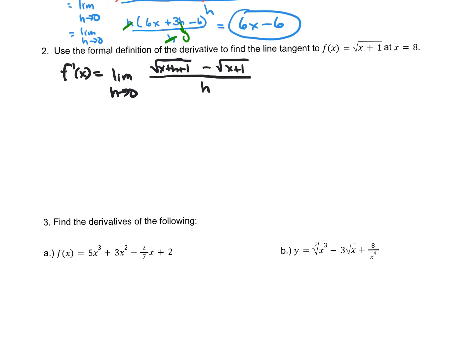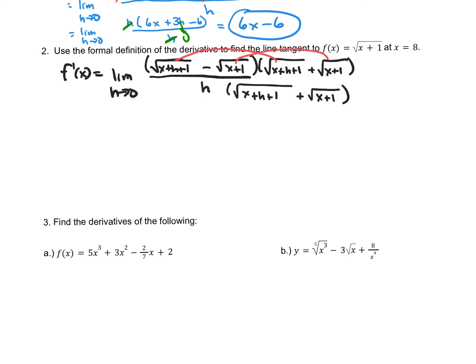Now, these all had a trick, and if you remember the trick for a radical, it's we're multiplying by the conjugate. So we're going to multiply by radical x plus h plus 1 plus radical x plus 1, and we're going to do that on the top and the bottom. Now, on the top, we'll go ahead and FOIL, and I could just do these two because the inner and outer cancel out.